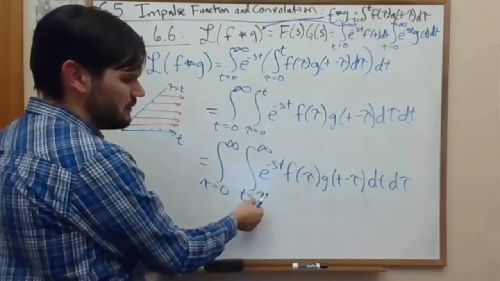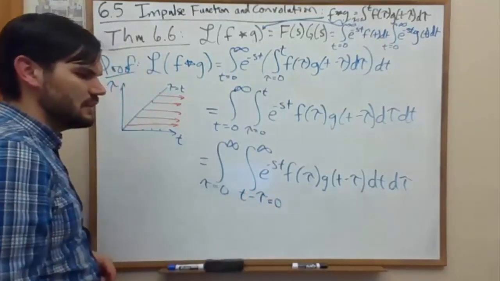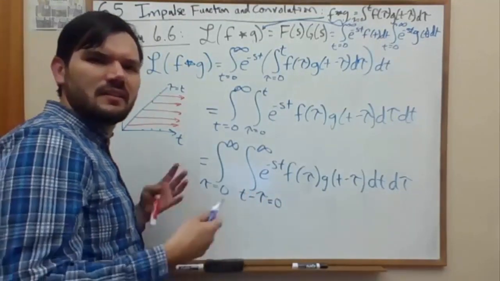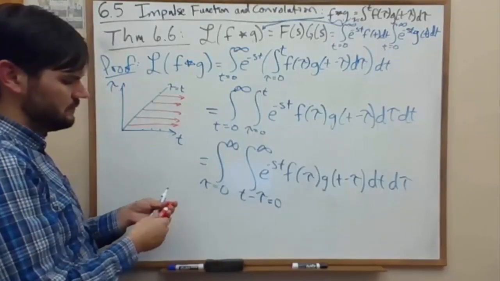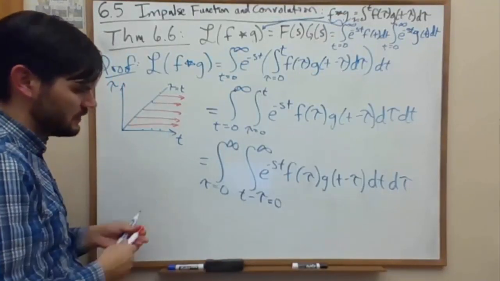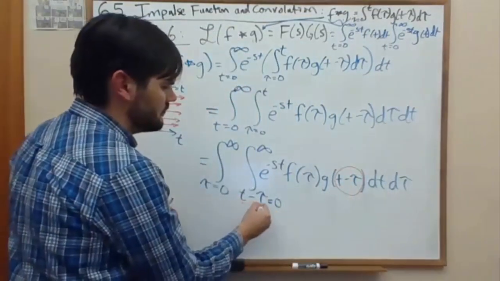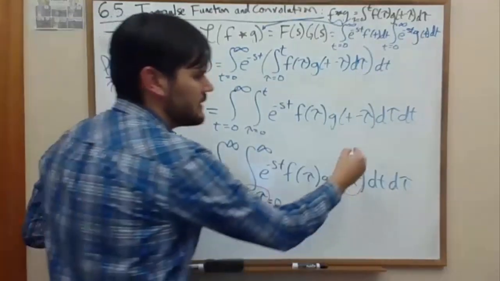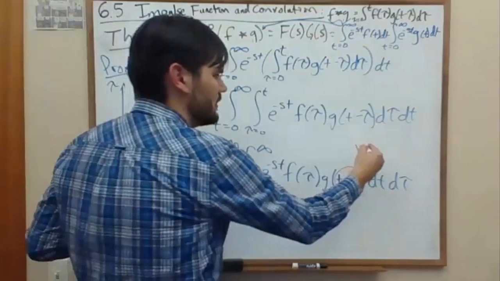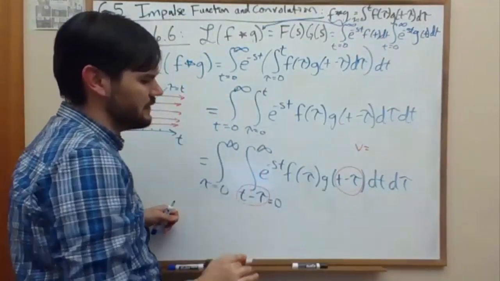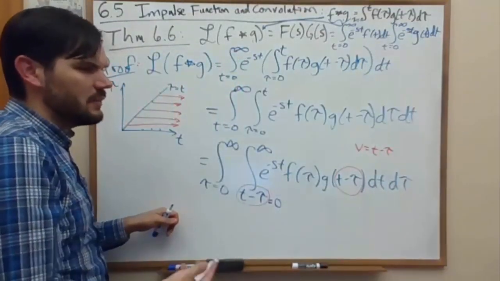So I want to rewrite this limit as t minus tau equals 0. And that gives me the notion for what my new change of variables should be. So I look and I see another t minus tau. And so let's do a u substitution, in this case a v substitution, because u is a unit step function, we won't touch that, of t minus tau.